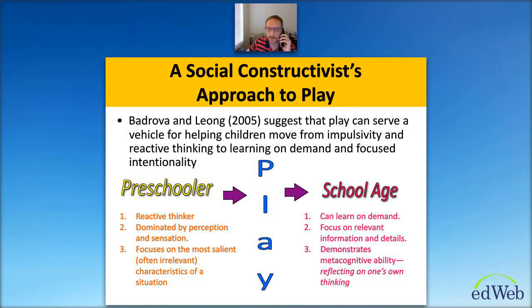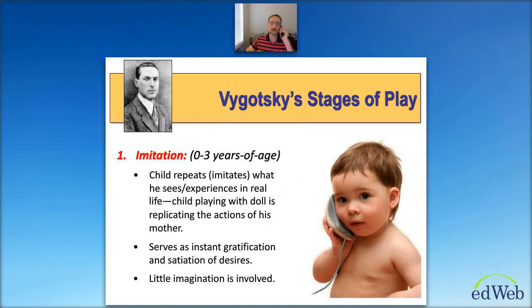So let's talk about how play does that. Vygotsky, who is the lead theoretical guru who has helped us in early childhood think about where play is, shows different stages of play. Play is still important from 0 to 3, but it takes a different type of dimension.